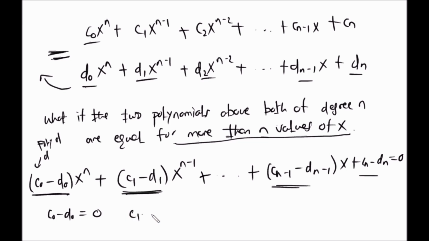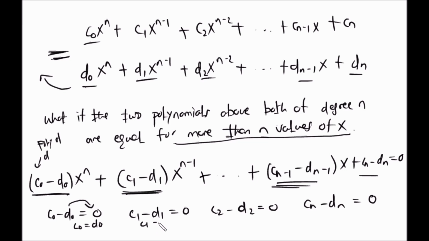Coefficient ya pili hii c1 minus d1 itakuwa sawa 0. Coefficient ya tatu ni c2 minus d2 itakuwa ni 0. Coefficient zote hata hii cn minus dn itakuwa ni sasa na nini? 0. Manake nini? Manake sasa c0 kumbe ni sawa na d0 kwa sababu d0 namleta huku, c1 sawa na d1 kwa sababu d1 namleta huku. c2 sawa na d2 kwa sababu d2 namleta huku. So cn sawa na dn kwa sababu dn namleta huku.